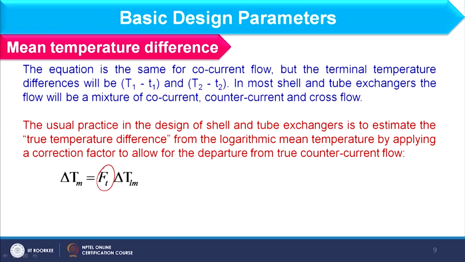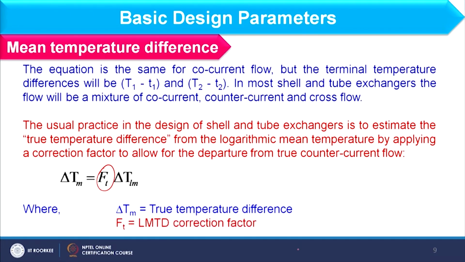In that case we find some reduction in the LMTD value, and that reduction is counted by considering another factor, the FT factor. If you see, delta T m equals FT into delta T LM, which is basically the log mean temperature difference for counter flow.